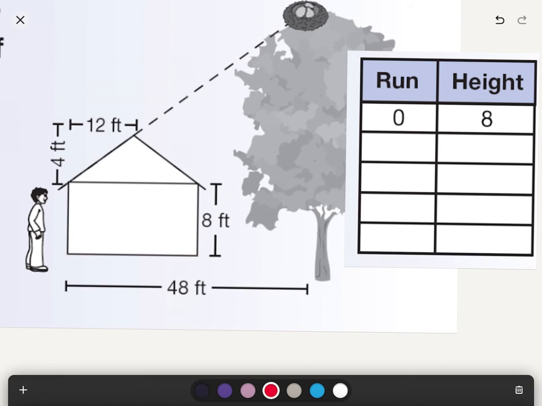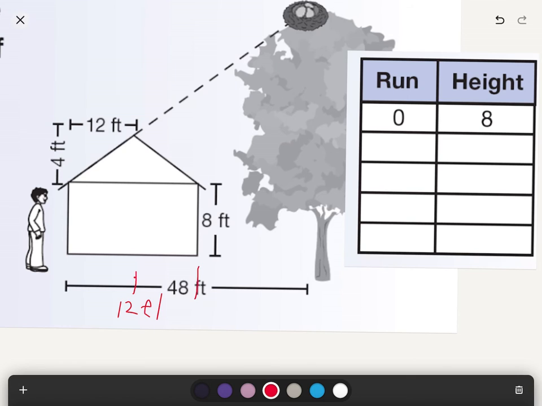And we're back. Okay, so one thing we can see is that we can go into units of 12 feet because the overall length is 48, and the 12 feet is our unit of kind of rise. So we can say 12 feet is our first unit.